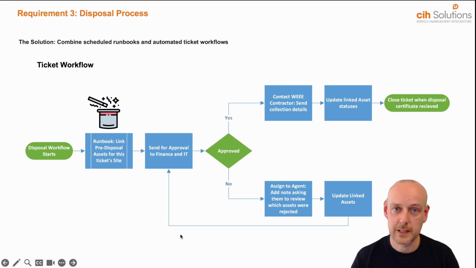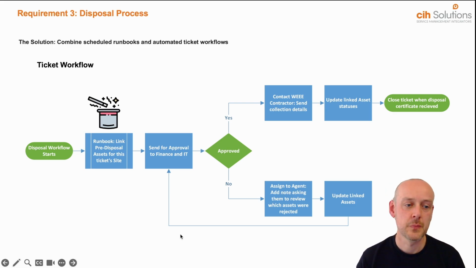So every asset is linked to that ticket. While it's doing that, it starts to build up a HTML table in the description. So for every asset, it's building up a row of data in that table. And that table's used by the approvers. And it contains information like purchase date, location, make, model, price, depreciation information.